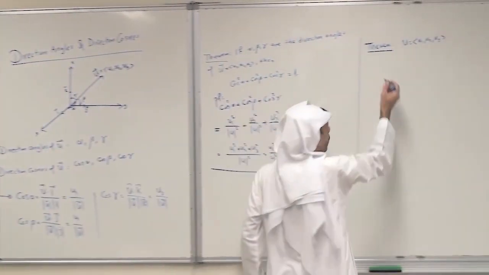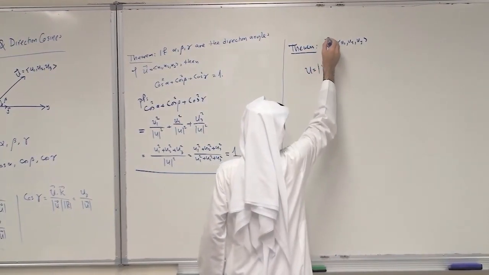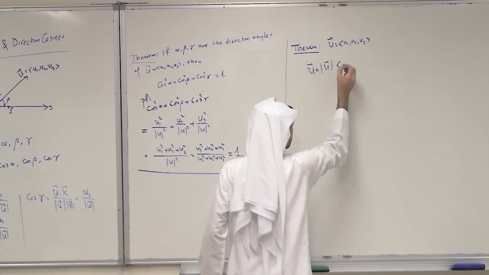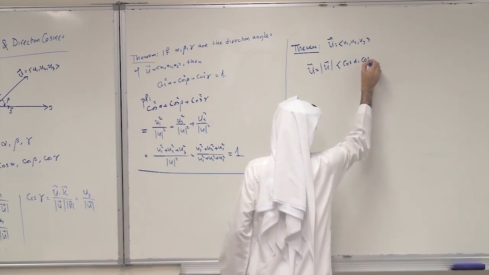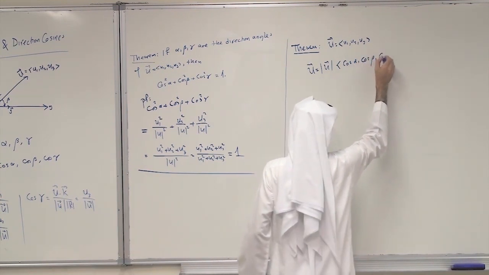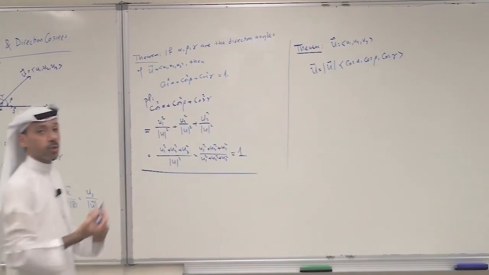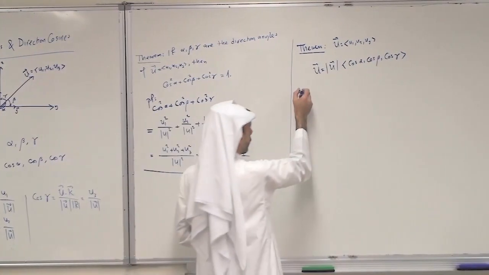In fact, we have u equals the magnitude of u times the vector (cosine alpha, cosine beta, cosine gamma), the vector whose components are the direction cosines. Again, the proof.